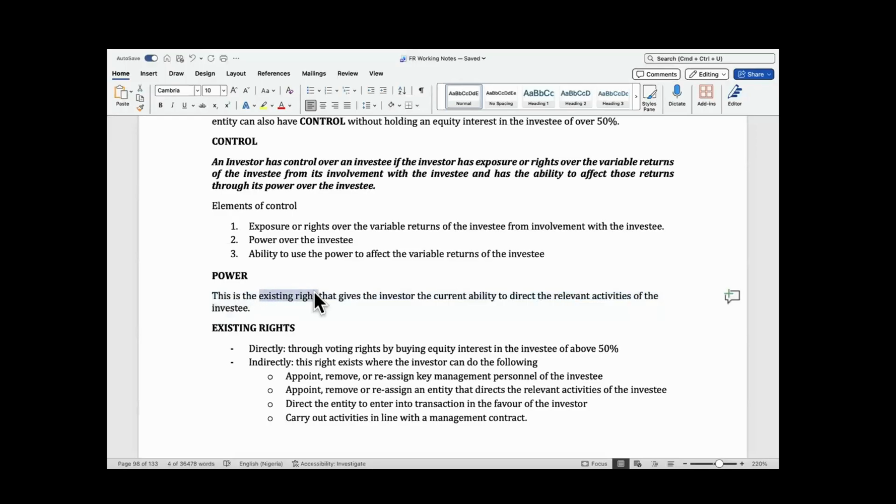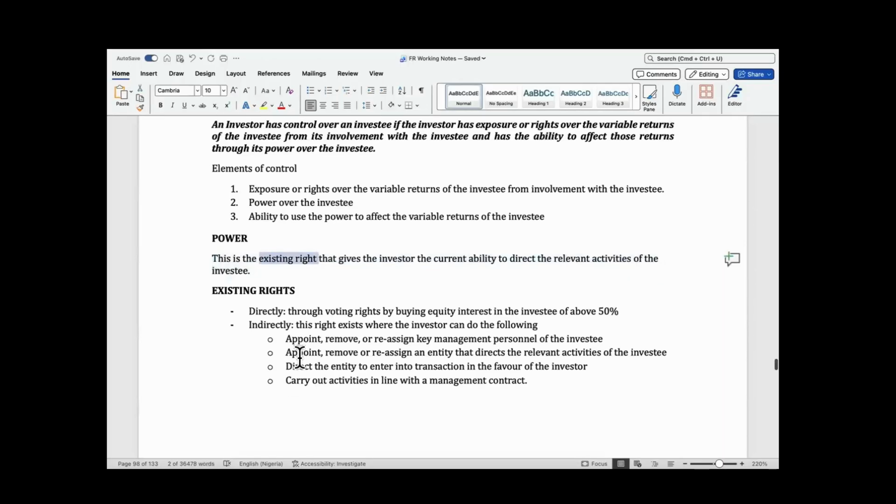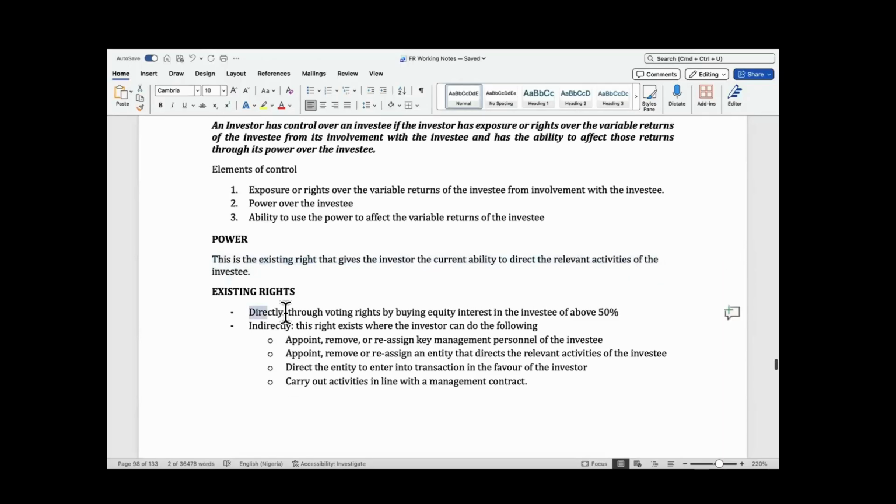And these existing rights, how do you get that right? Of course, we have mentioned it before. You either get it directly through buying of shares that is above 50%. When you have a lot of shares above 50%, it gives you that right that leads to power.